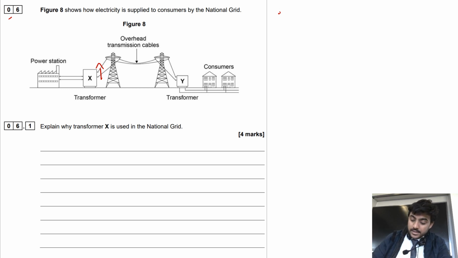The first thing to write is X is a step-up transformer.